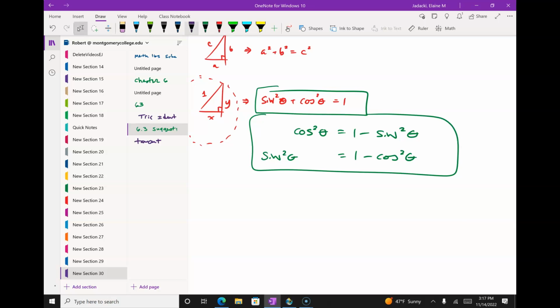I want to start with that same one, the only one I need you to memorize, sine squared theta plus cos squared theta is 1. And I'm going to divide everything by cos squared theta. And what do I get?